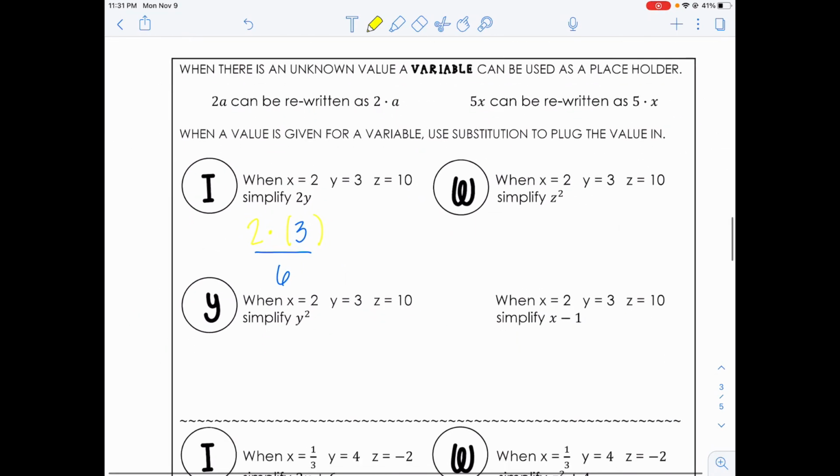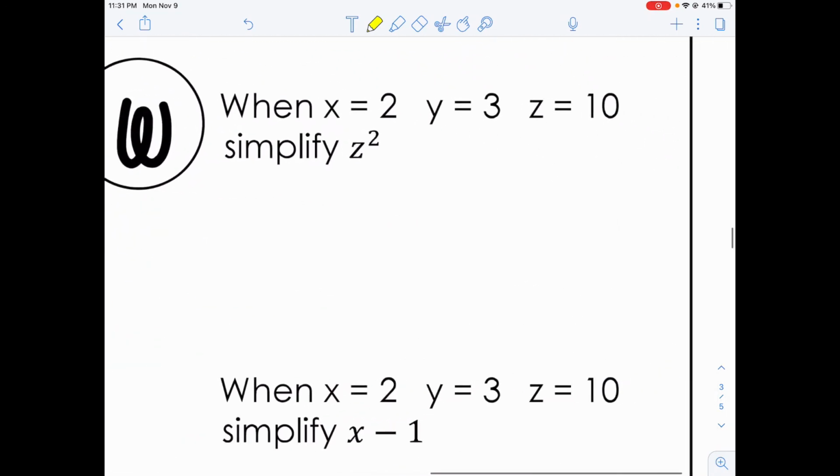All right, let's do the next one. Same thing, when x equals 2, y equals 3, and z equals 10, simplify z squared. So where they gave me the variable, I'm going to put a parentheses, and I'm going to plug in that number, and then whatever that number is, I'm going to square that number.